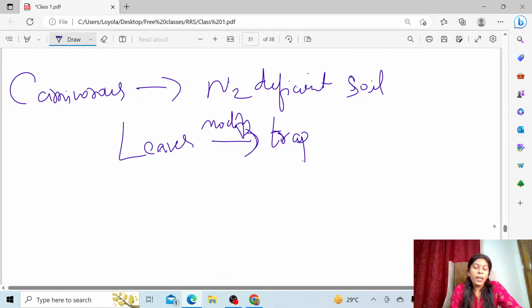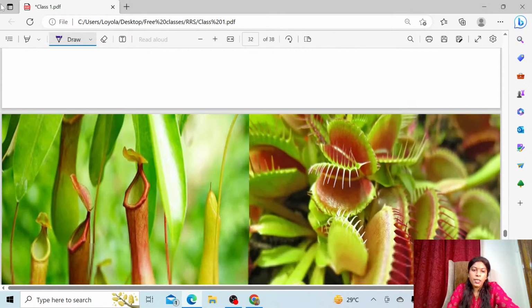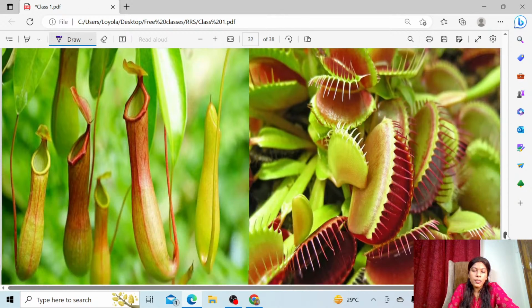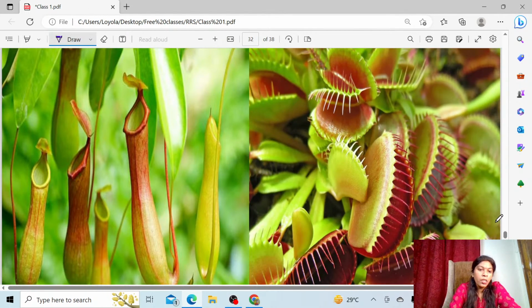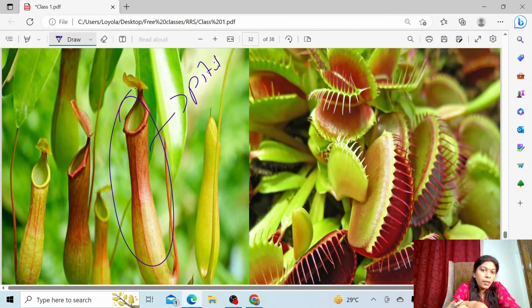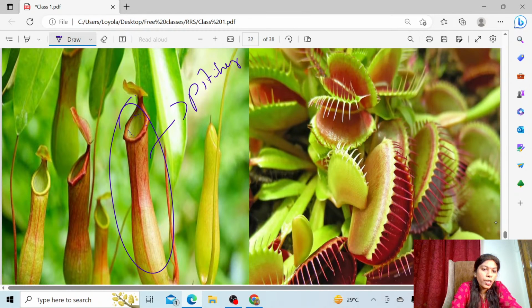Okay, and then when the insects come near them, so mostly in the leaves which are modified, you can see here this is an example of a pitcher plant. This is an example of a modified leaf. This is the pitcher which you are seeing here. So this is the pitcher plant and this is the pitcher. And what happens here, there will be a secretion of liquid in this.